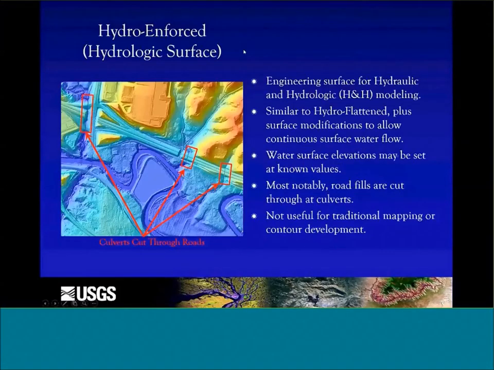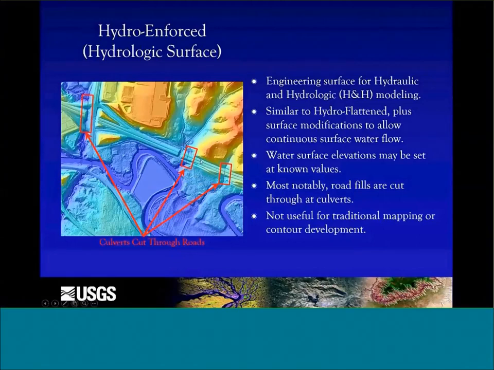This is a hydro-enforced surface. It is also hydro-flattened, and drainages and flow have been forced through roads. There could be other types of obstructions, but culverts under roads are 95% of the problems, if not 98%.